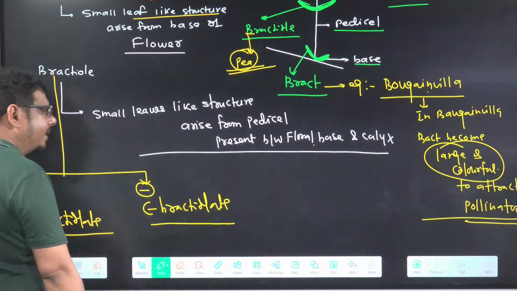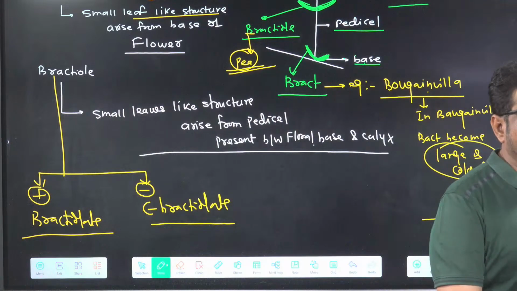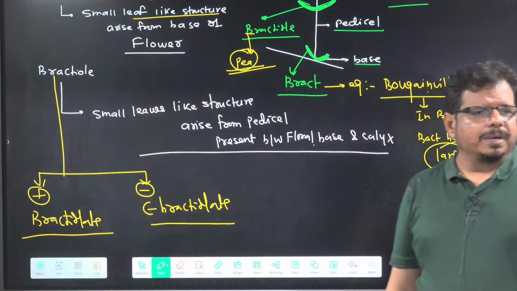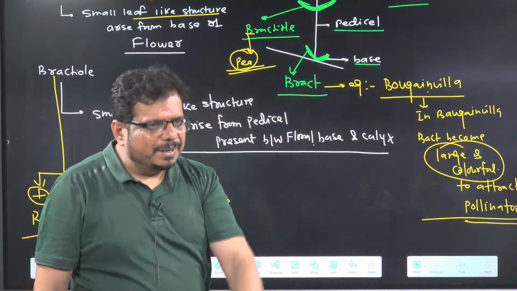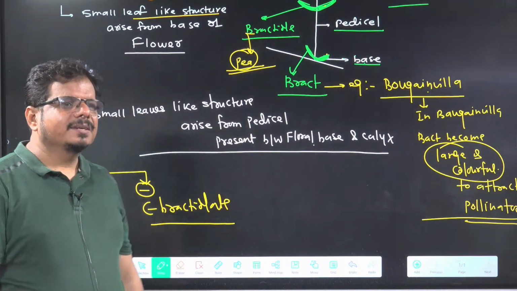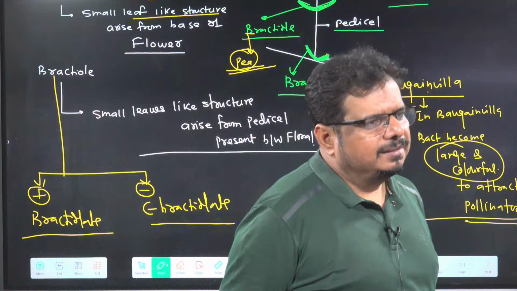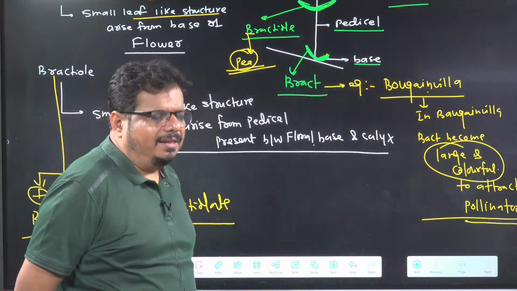So bracteate, ebracteate, bracteolate, ebracteolate. This is bracteole. This is bract. Bract is present at which one? Bract is present at the base and bracteole arises from which one? Pedicel. Clear? Done. Can we move ahead? It's over.